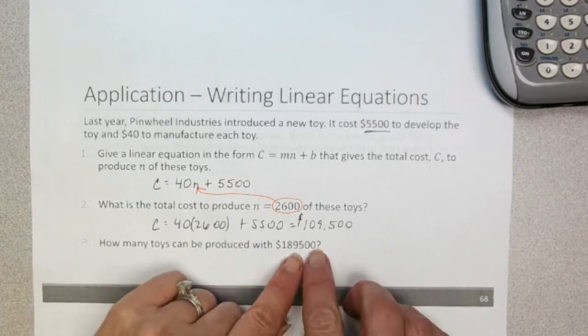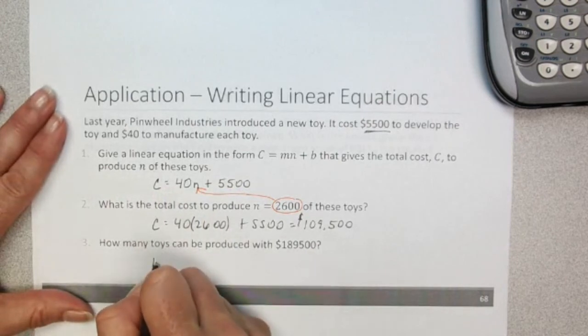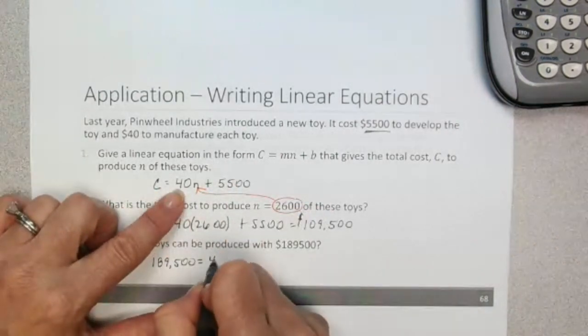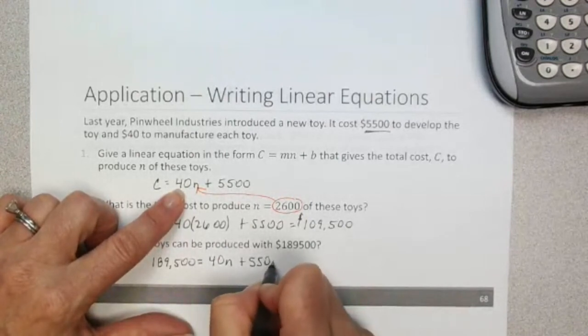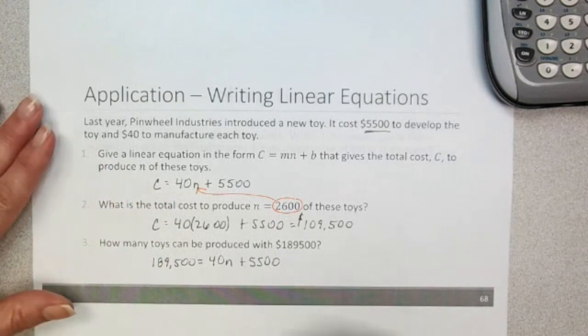So what I want to do is substitute that in there for C. So I want to say cost, $189,500 is equal to 40n plus the 5,500. And if I solve for n, that's going to tell me how many toys I can manufacture.